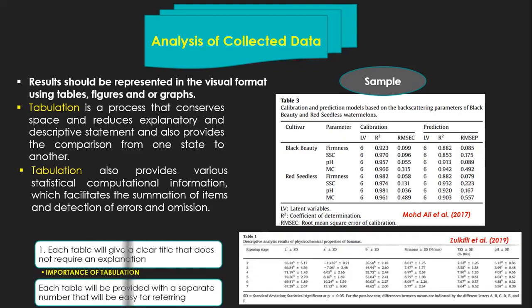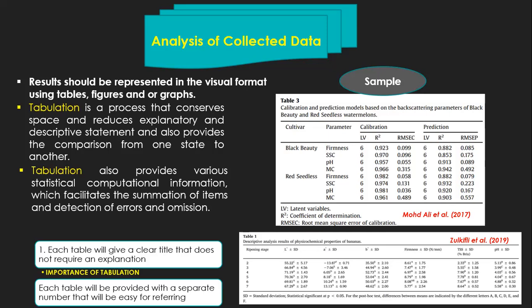Another example, Zulkifli, makita po nimo on how the lightness, redness to greenness, and yellowness to redness values of colors, firmness, total soluble solids, and acidity of banana are being differed. So makita nimo nga, okay, nag-increase di siya as the ripening stage increases as well without reading the details on the results.